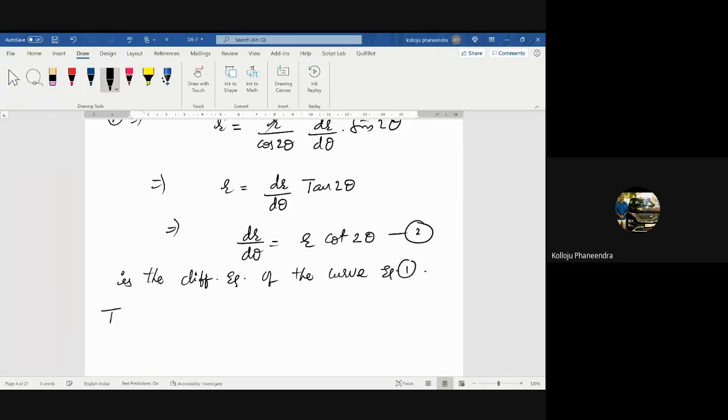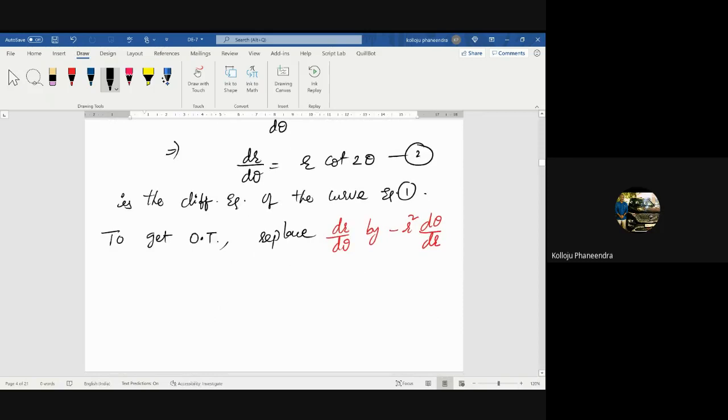Okay, same logic. To get the orthogonal trajectory, replace dr by d theta by minus r square d theta by dr in equation 2. Then equation 2 implies minus r square d theta by dr equal to r cot 2 theta.